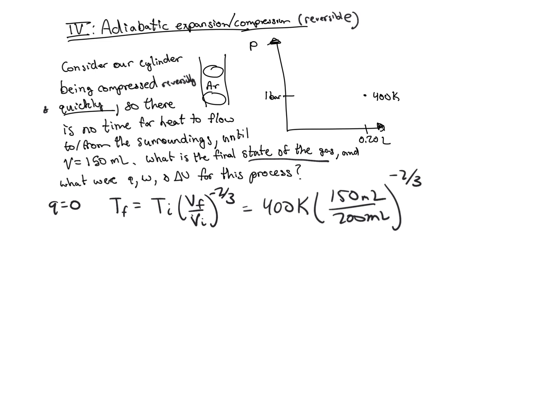Okay, so first, solving for TF, just plugging in, we get 484.6 Kelvin as the final temperature. Okay, Q we already decided was 0. Again, W is the integral of P dV because P external is equal to P, but this is not a very convenient way to solve for W here.